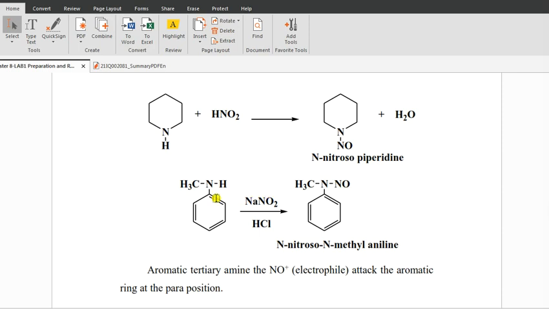Here also the secondary amine will give N-nitroso N-methyl aniline.